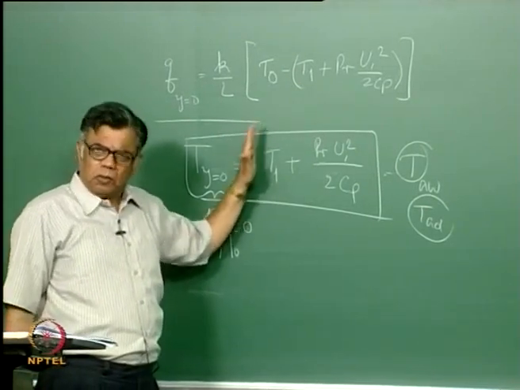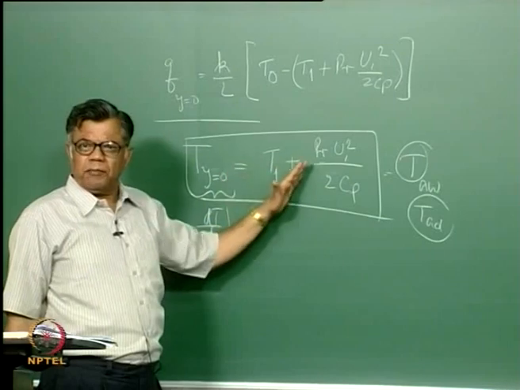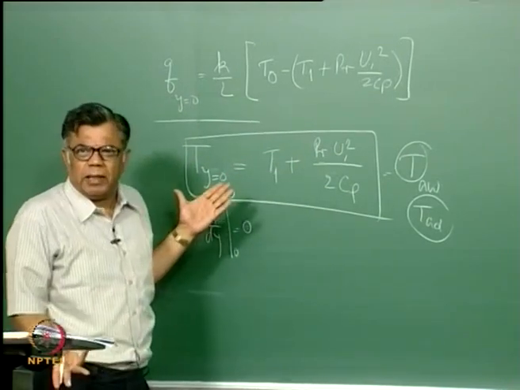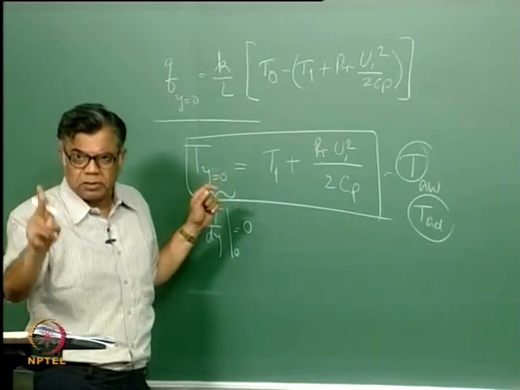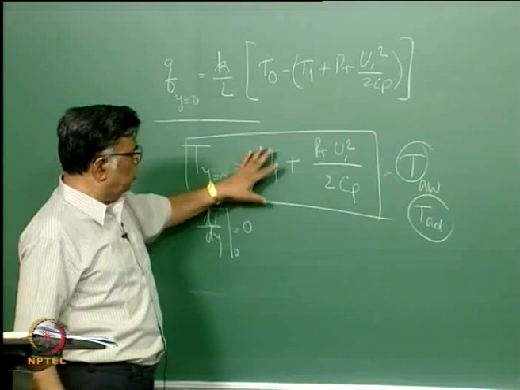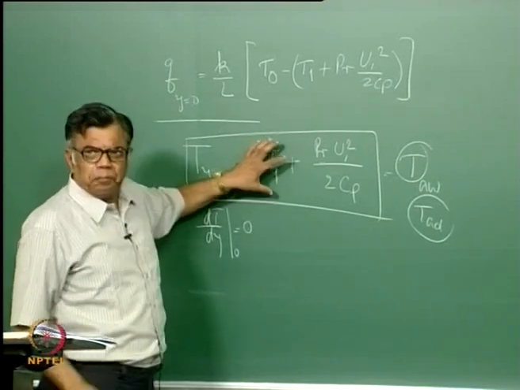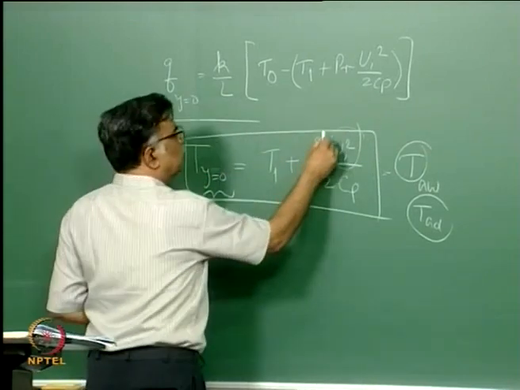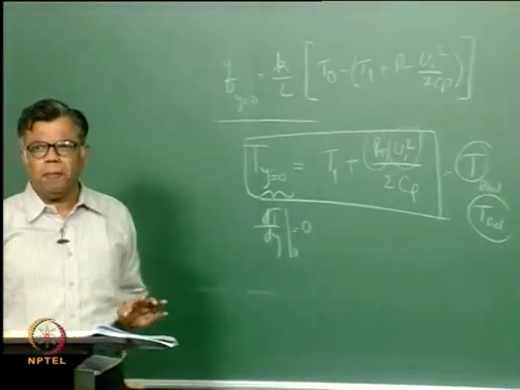Then when you got it in terms of the other variables, at y equal to 0, which we now call the adiabatic wall temperature, not the adiabatic temperature, you found T1 plus something which depends upon U1, and of course the fluid also, very important.